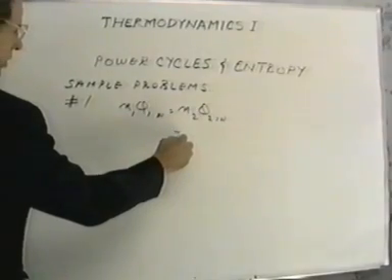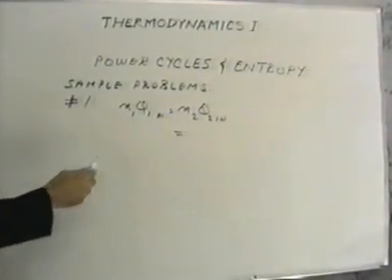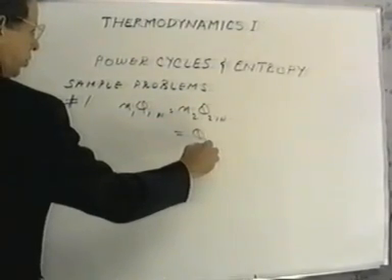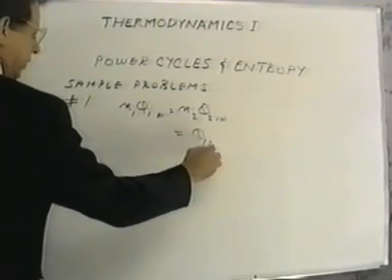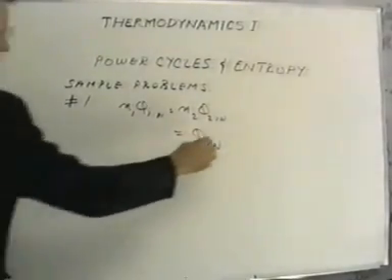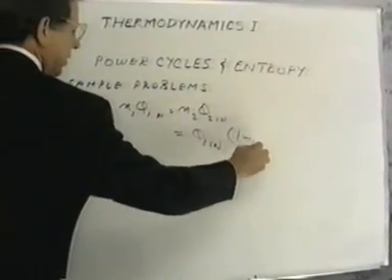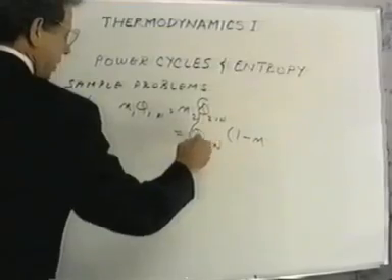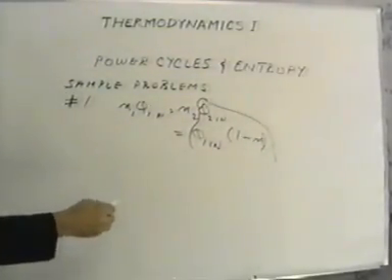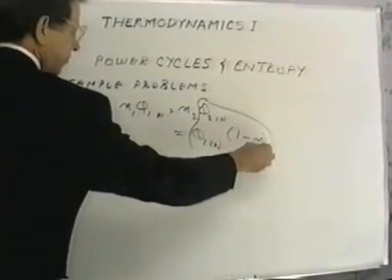We can replace eta sub 2 in this equation now. Q2 in is the same as Q1 in, and we'll explain why in just a second. It's Q1 in times 1 minus the efficiency of the first engine.